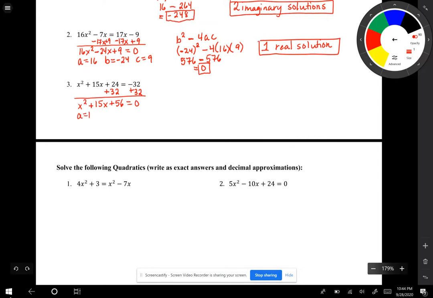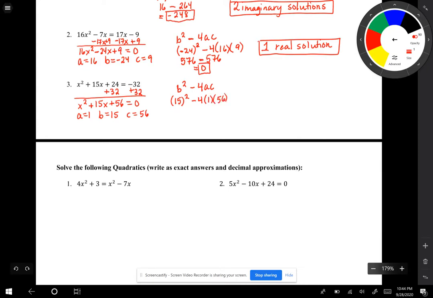A equals 1, B equals 15, C equals 56. My students usually master knowing A, B, and C just because we do it so many times. And practice makes perfect.